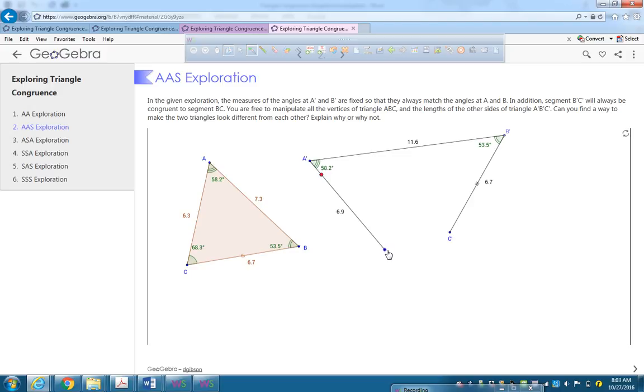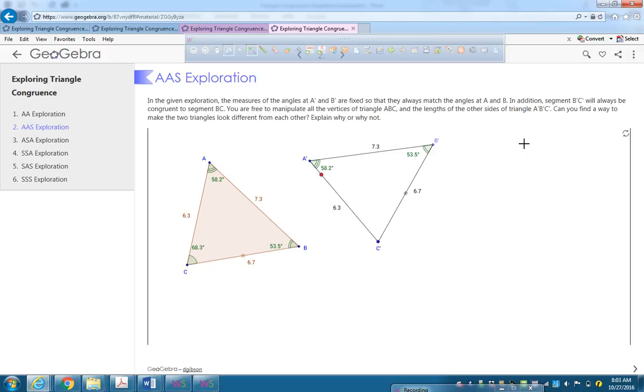So how can I make a triangle out of this? These angles have to stay the same, right? So something's going to have to change here. Oh, see, that side could change. So you have to kind of drag around and see what things can change and what things can't. And then I'm going to try to make a triangle out of this, okay? And then you look at your two triangles, and do those triangles appear to be congruent?